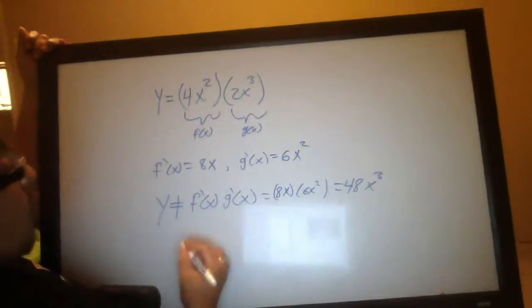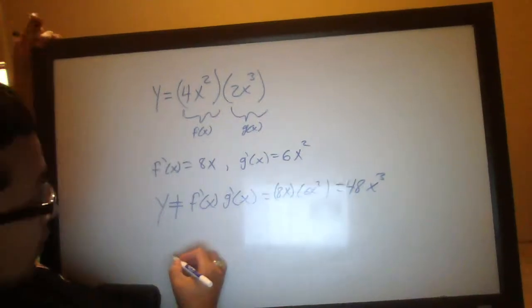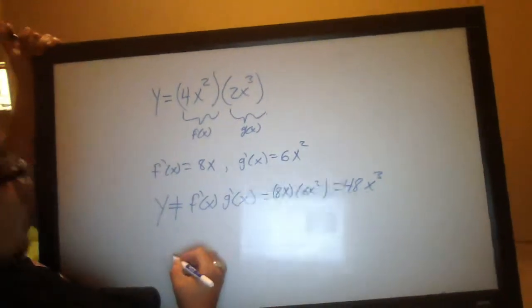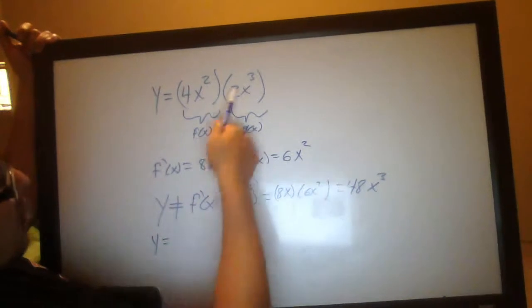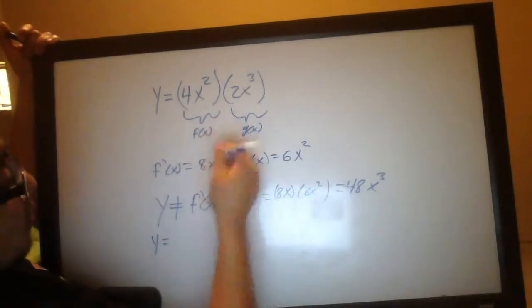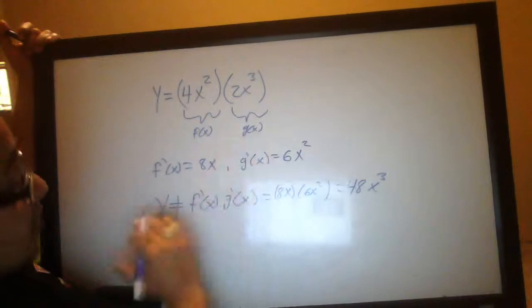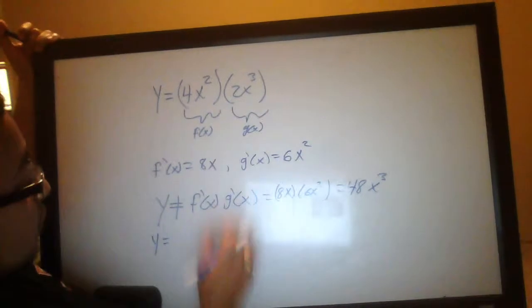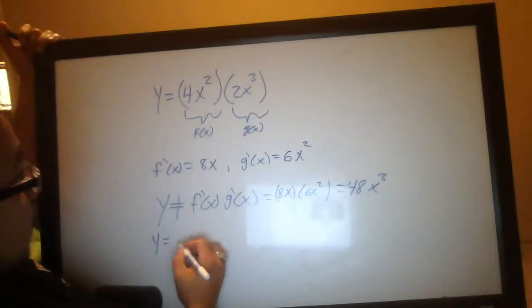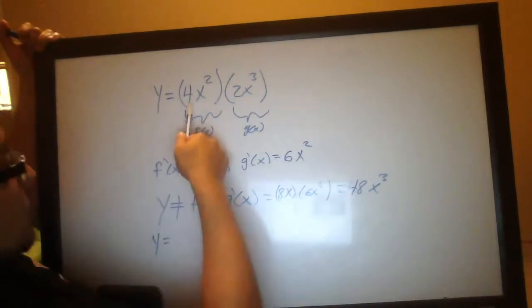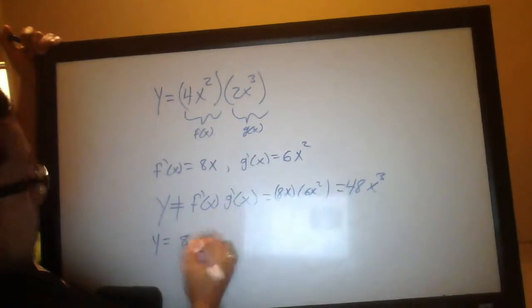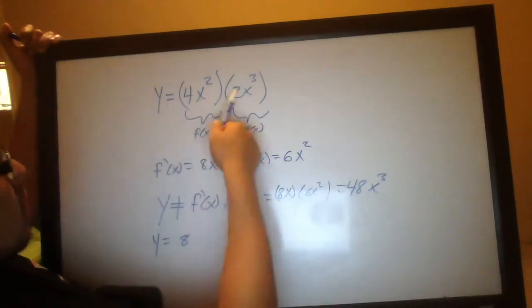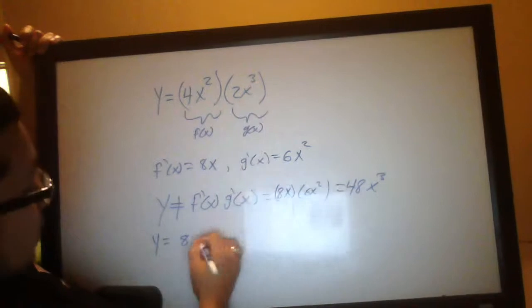So what is the derivative of this equation? Well, the proper way to do it is, you would say y is equal, you would just multiply these first together, without taking any derivatives first. Multiply them together first. So what is that? We have 4 times 2, 8. X squared times x cubed is x to the 5th.